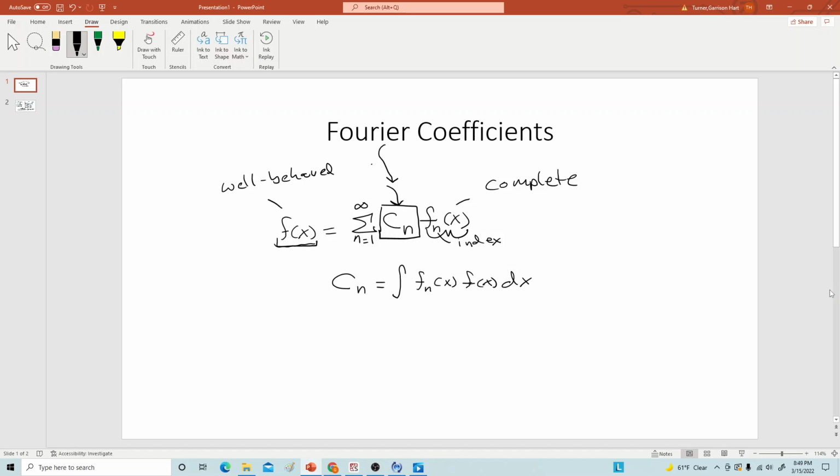And to calculate these, this is where we're going to hand wave over the math and skip why this works, because again, I want to show you the computational side of it.